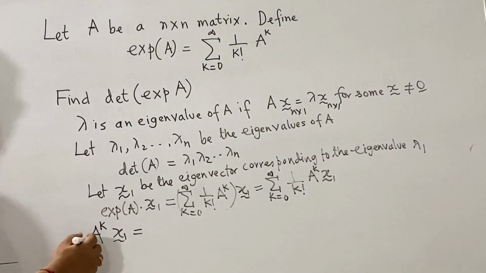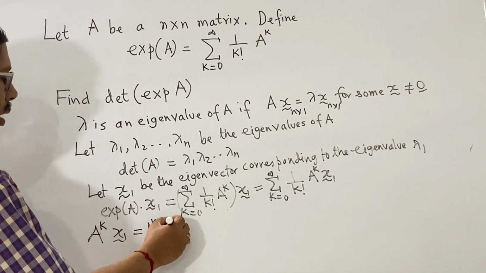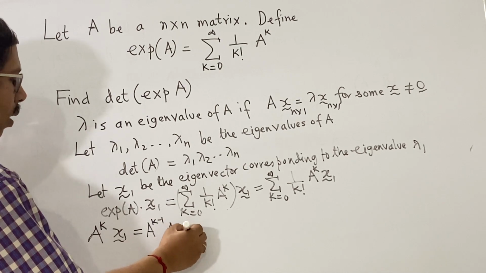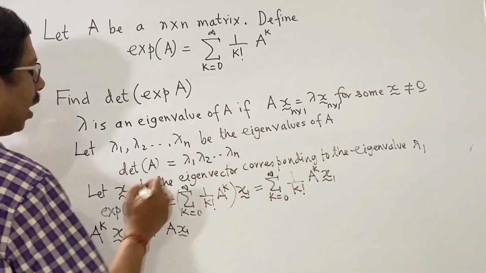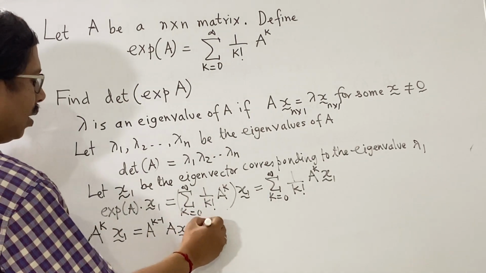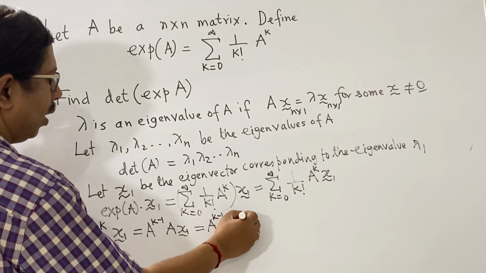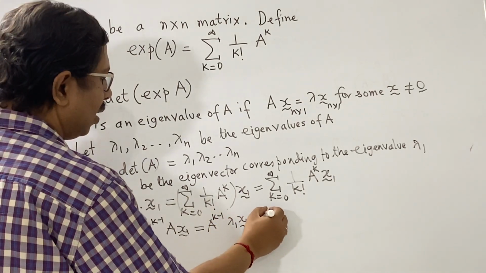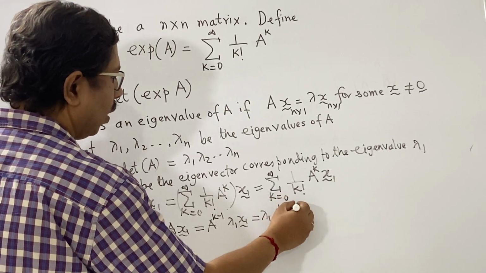We consider A^k x1 and write this as A^(k-1) into A x1, and since x1 is the eigenvector corresponding to the eigenvalue lambda 1, this is A^(k-1) lambda 1 x1. So we can write this as lambda 1 A^(k-1) x1.